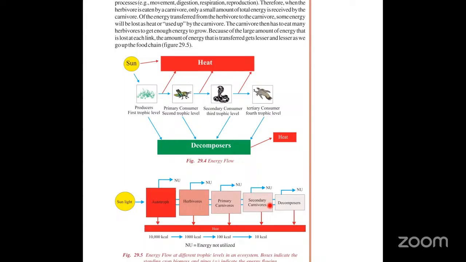Those who are totally herbivorous come under herbivores. Those who are totally carnivorous come under carnivores. Those in between eat both, so we can conclude like that.